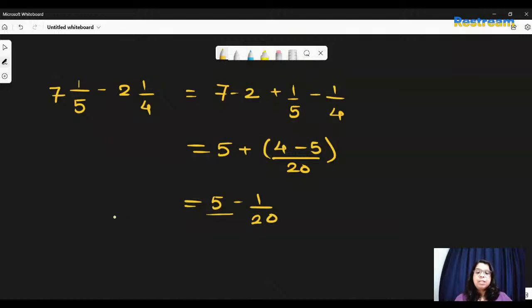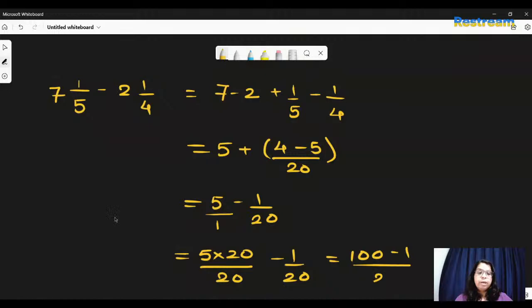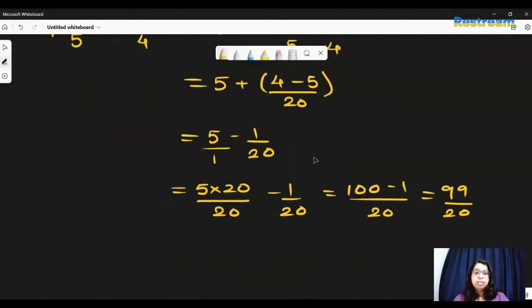Now we are going to imagine that there is a 1 here. So LCM of both of these is 20. So we are going to do 5 times 20 over 20 minus 1 by 20, which is equal to 100 minus 1 over 20, which is equal to 99 by 20. So the answer is going to be 4 19 by 20. Okay. So that is going to be your answer.